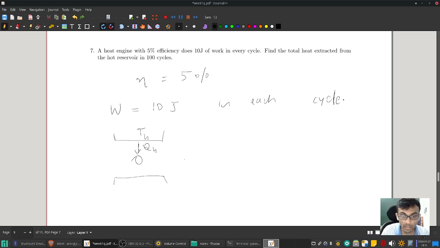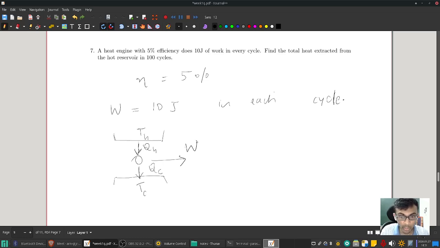So its purpose is to do some work. It's an engine. It does some work by leaving some heat to some reservoir at a lower temperature. Sorry, this is QC.